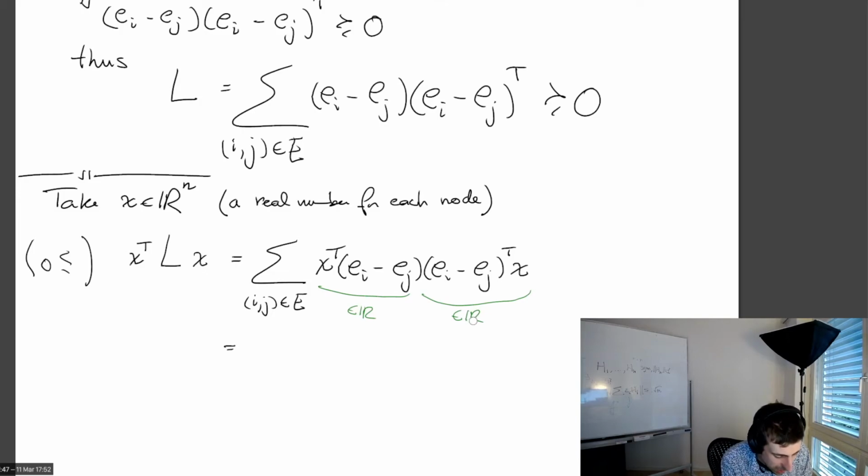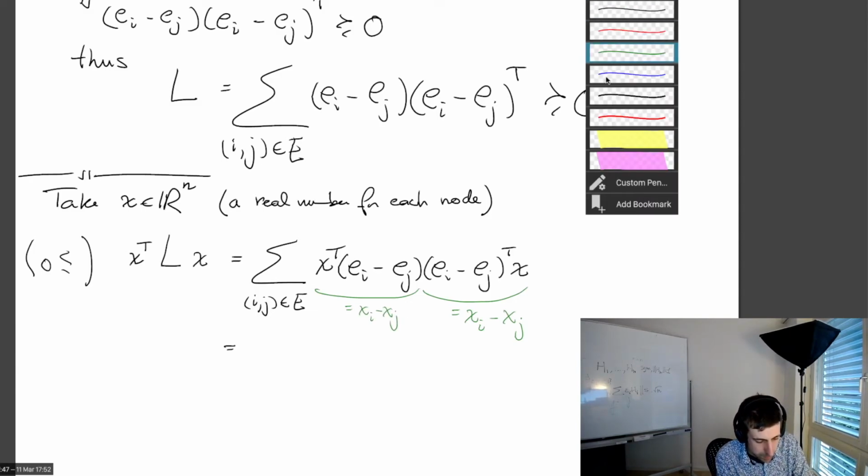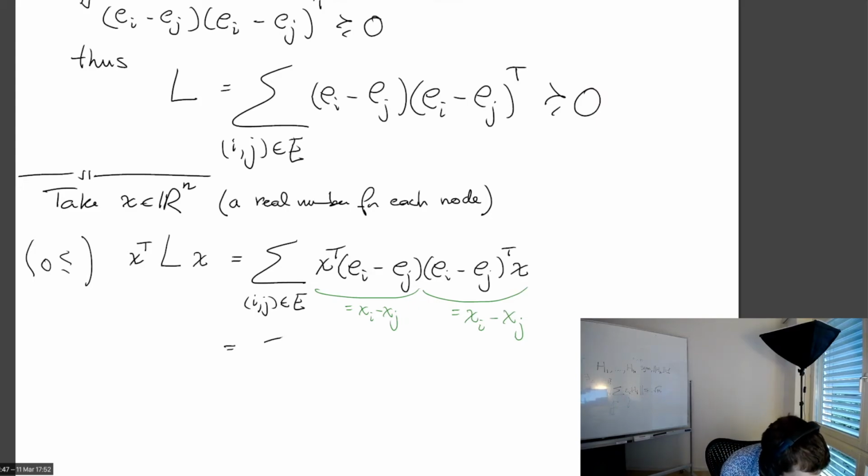In particular, this is a number. What number is it? I should write. This is just x_i minus x_j. And so is that. So all I have is x_i.